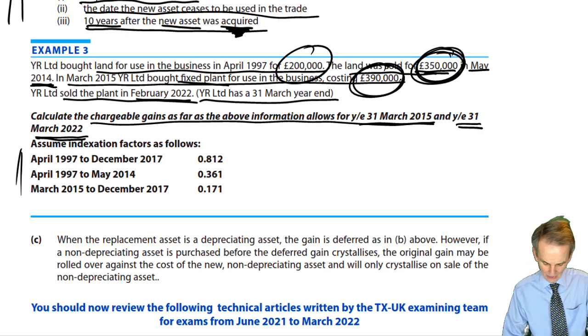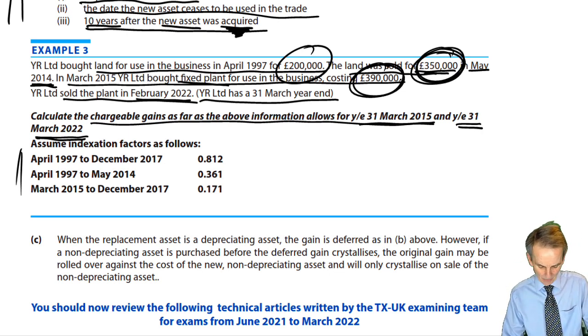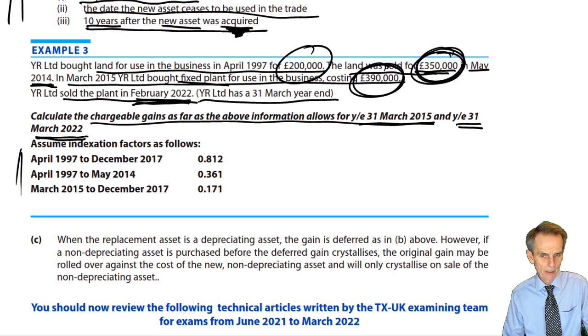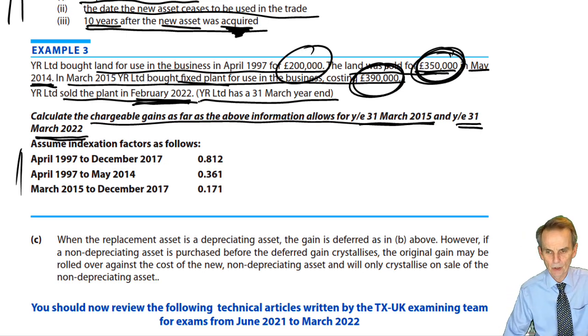But what then is going to happen? In terms of year ended March 22, there is the sale in February 2022, so within that accounting period, without information about any other reinvestment having taken place. Therefore, that sale of the depreciating asset would cause the gain to crystallise. We can assume here it was still being used, this plant and machinery, sorry, the fixed plant and machinery.